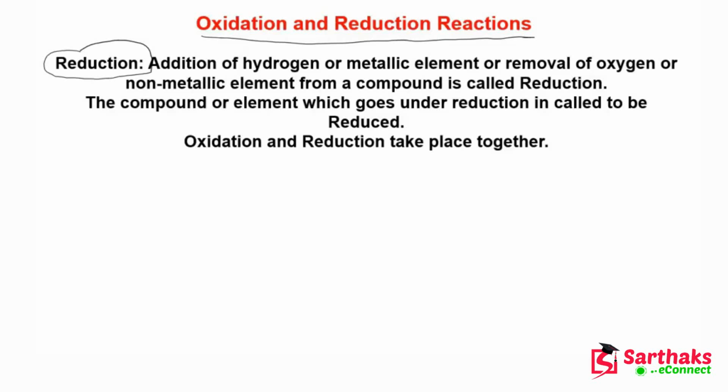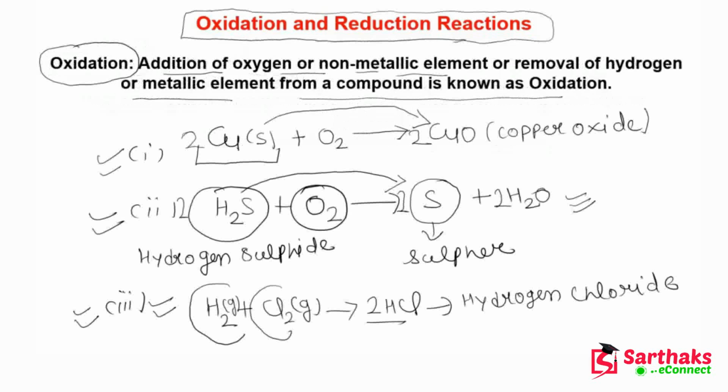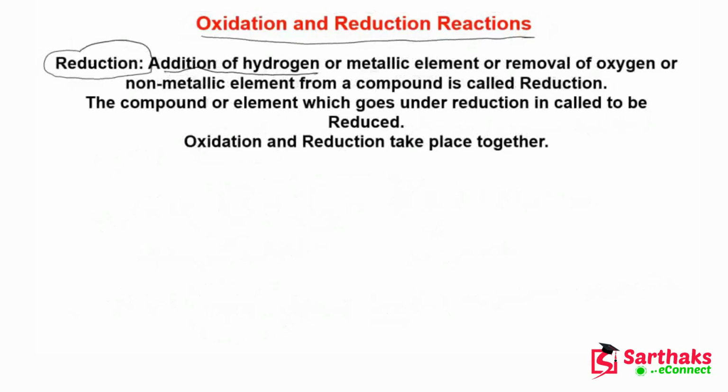So, guys, addition of hydrogen is reduction. But remember when we were discussing oxidation here, what is written? Addition of oxygen. But here what is written? Addition of hydrogen. So it is just opposite. Addition of hydrogen is reduction. Now, addition of metallic element.